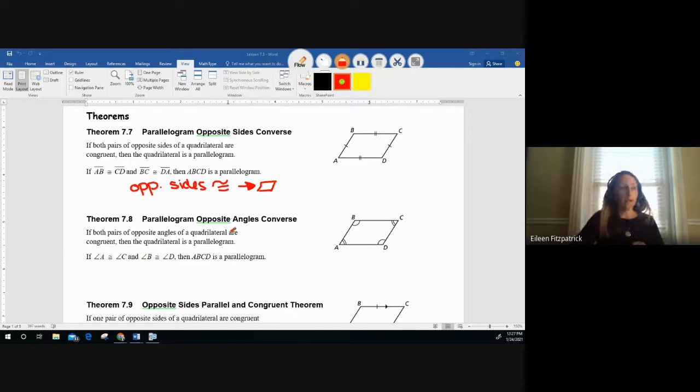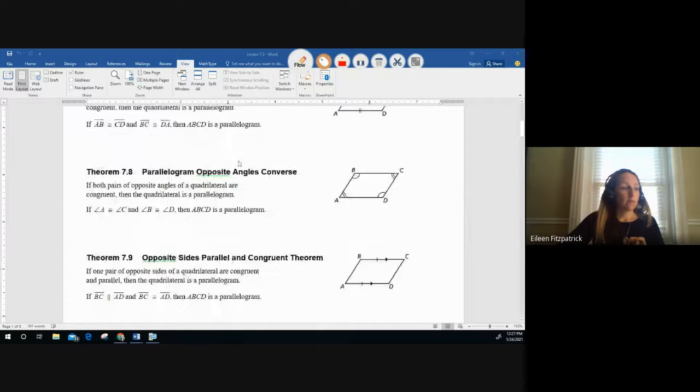Okay, so next is the parallelogram opposite angle converse, which says if you have a quadrilateral and both pairs of opposite angles are congruent, then you know it's a parallelogram. Okay, so our justification would be written as this: opposite angles congruent implies parallelogram. So again, now that I know opposite angles are congruent, I know it's a parallelogram. Everything I know true about parallelograms is true about this figure.